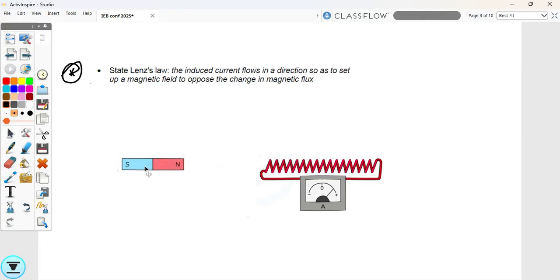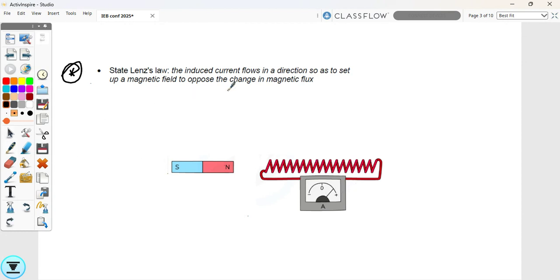So when this magnet is approaching, they know the law, and they say the induced current flows as to set up a magnetic field to oppose the change in flux. They're thinking about this rather than the new magnetic field that is created.